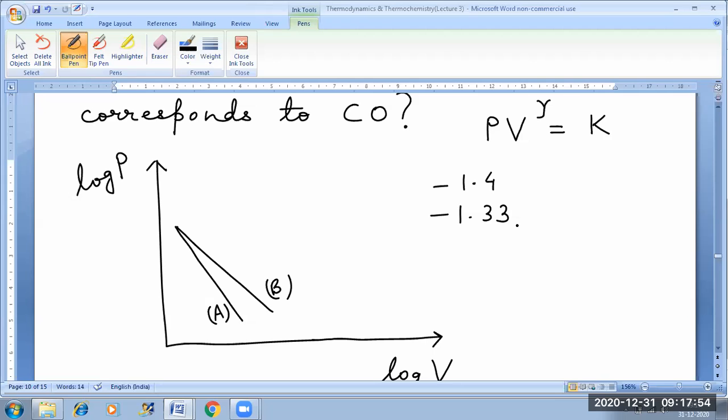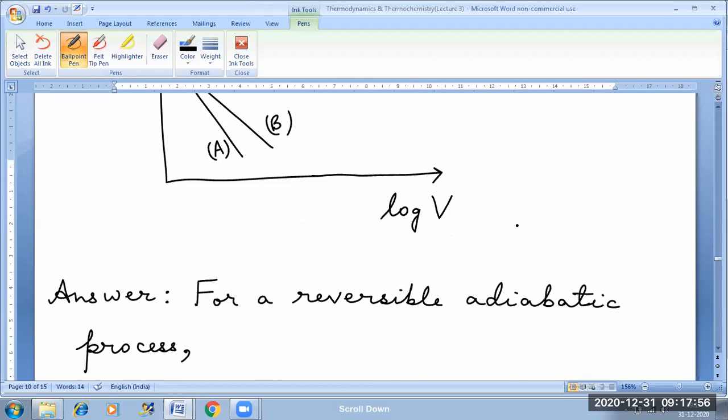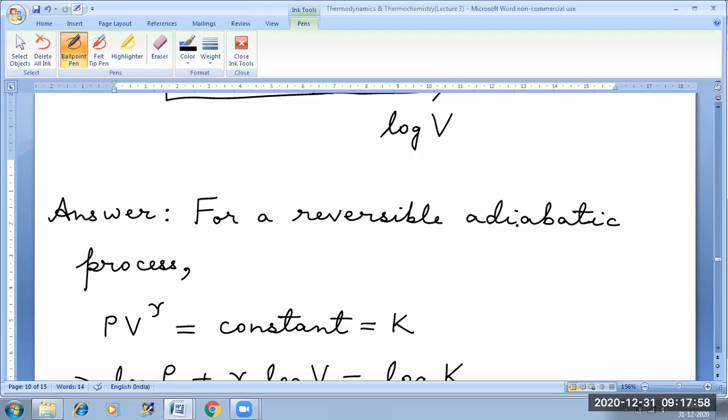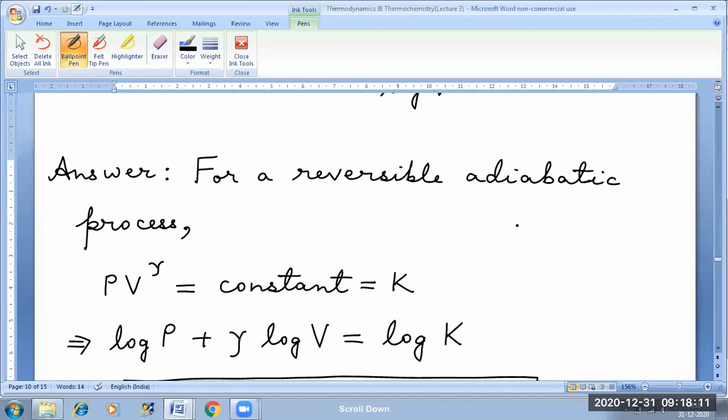We just know that P V to the power of gamma is constant. Let the constant be equal to k. You can take any random notation because it's a constant. So let it be k, let it be c. Taking log on both sides, I'll get log P plus gamma log V is equal to log k.